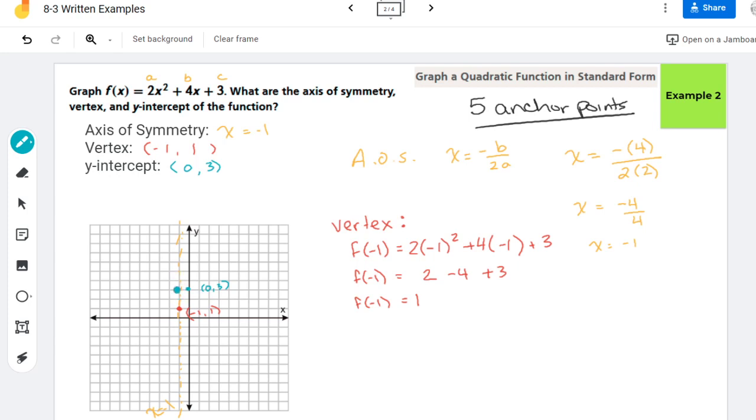Because this graph is symmetrical across the axis of symmetry, I can reflect this y-intercept and get a third anchor point at negative 2, 3. Remember, we want 5 anchor points, and right now we're at 3 of them, so I need to find another one.